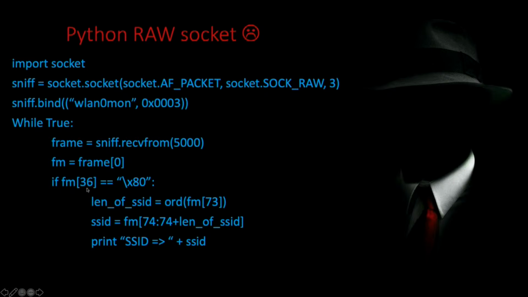Here I'm telling my code, if byte number 36 is equal to hexadecimal 80, do something with it. I know now it's a beacon frame. I can look for the ESSID or any other stuff. I can get the length of the SSID like in the other slides, and then get the actual SSID by slicing from 74 plus the length, and then print it on the screen.